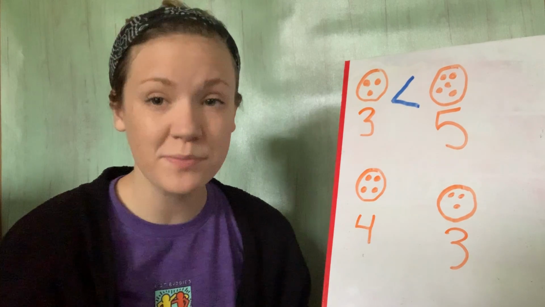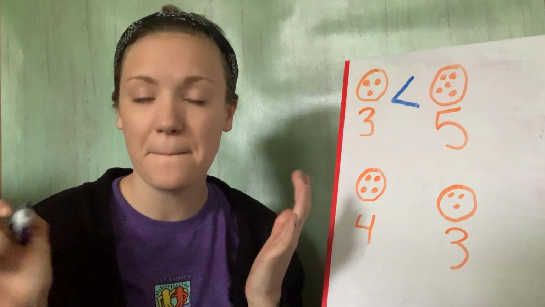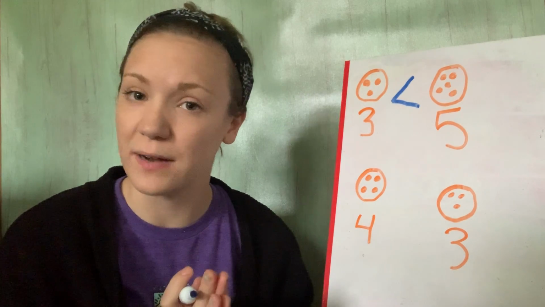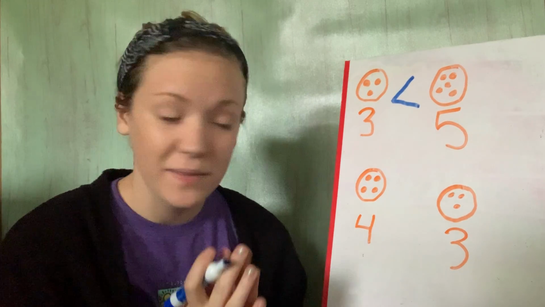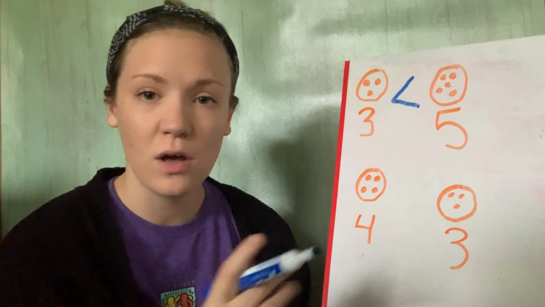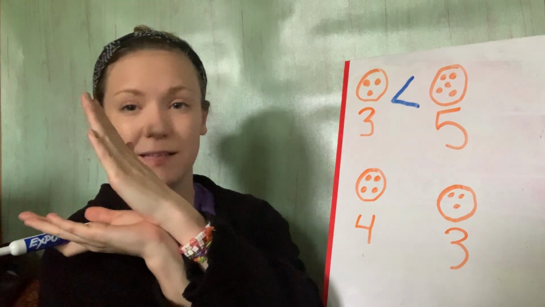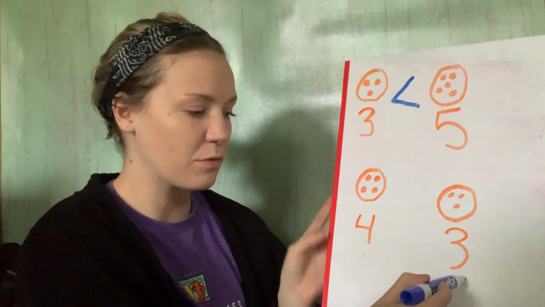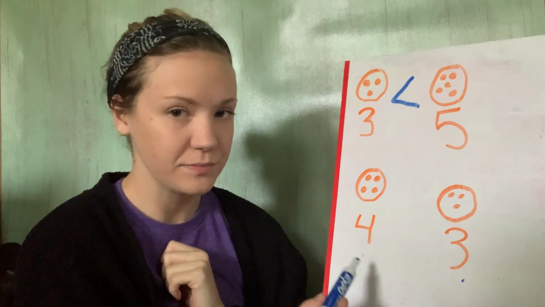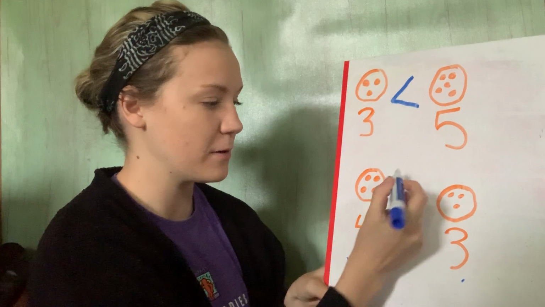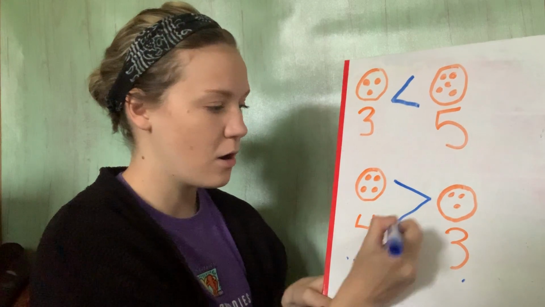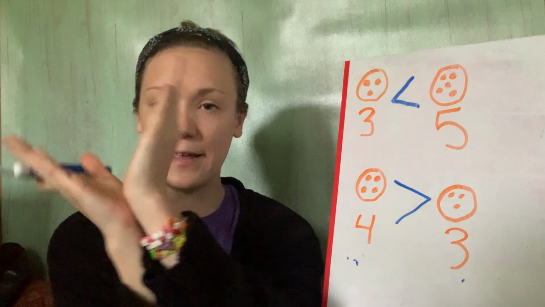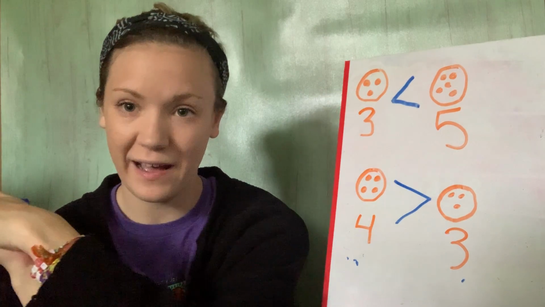Now, the shark always wants to go for the biggest number of fish to eat, right? Because they are very hungry. So I'm going to draw my shark's mouth open towards the number that is the biggest, okay? So 4 or 3, which one's bigger, kindergarten? So 4 is bigger. So I'm going to draw my shark's mouth open towards that 4 so I can eat the 4 fish, okay?